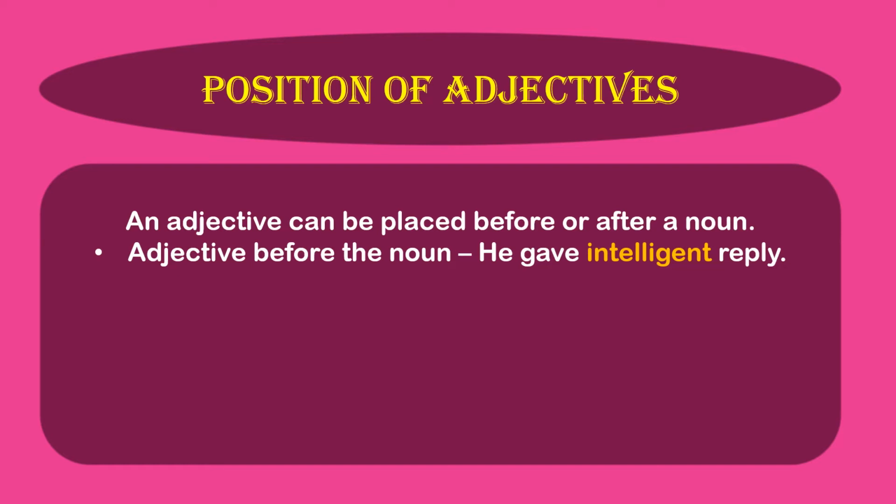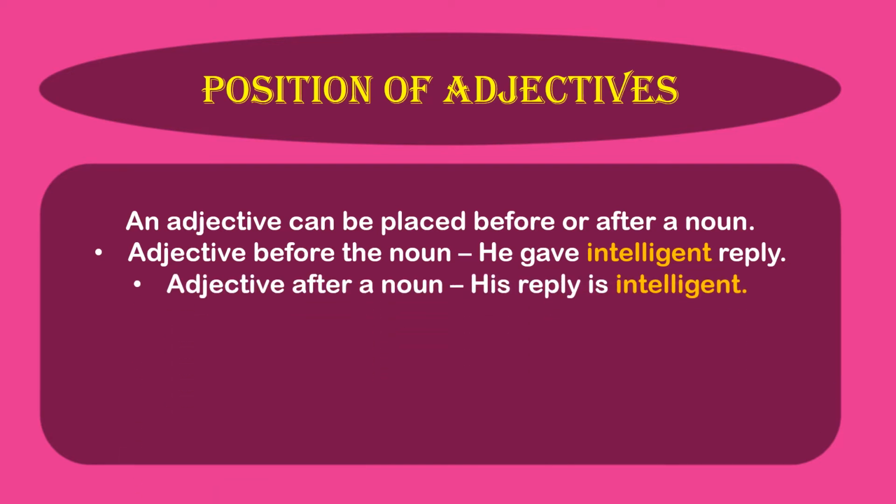So how was the reply? The reply was intelligent. Here the adjective after a noun: his reply is intelligent. Here you are using intelligent not before reply but after reply. So an adjective can be positioned before or after a noun.